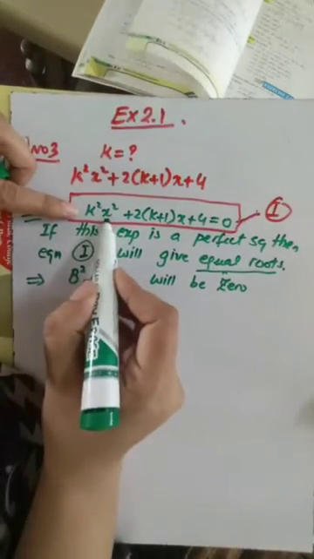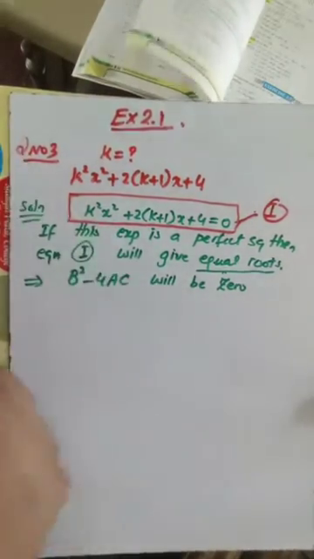Let me find the discriminant of this equation. Over here the coefficient of x square is k square.